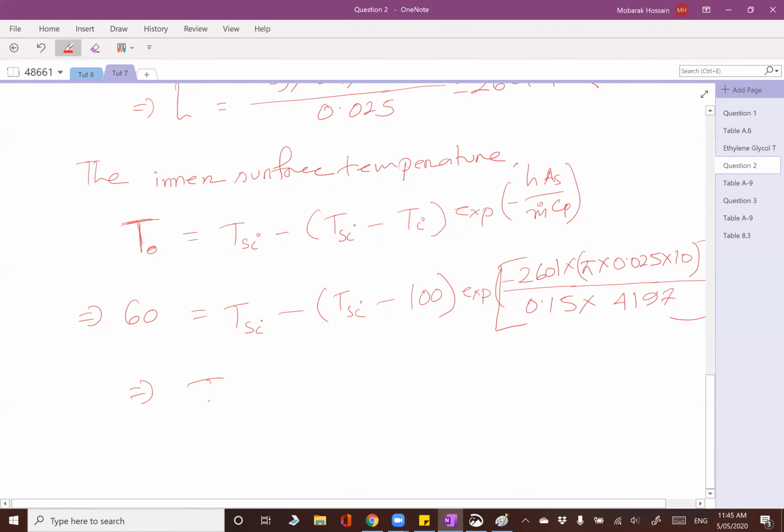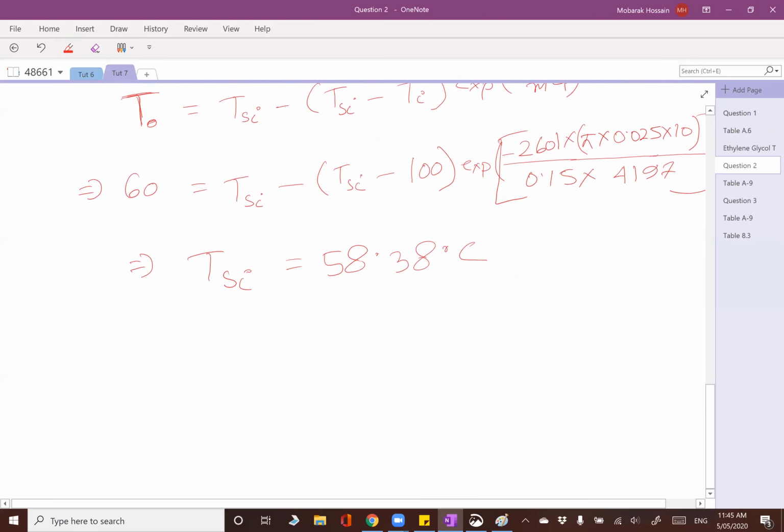From here we get the pipe inner surface temperature equal to 58.38 degrees Celsius. But now we'll calculate the pipe outer surface temperature.